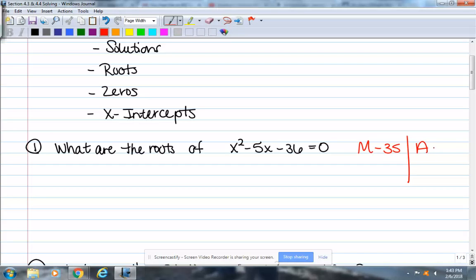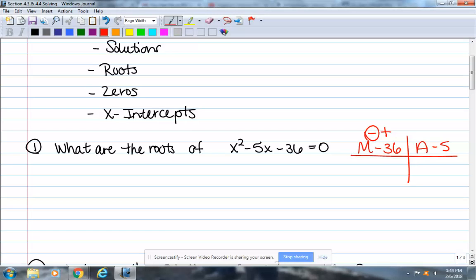So we're going to add to get -5. Nope, that's supposed to be -36. I'm sorry. Thank you. So it multiplies to get a negative, so we need a negative and a positive, and the bigger one will be negative. So -9 and +4?